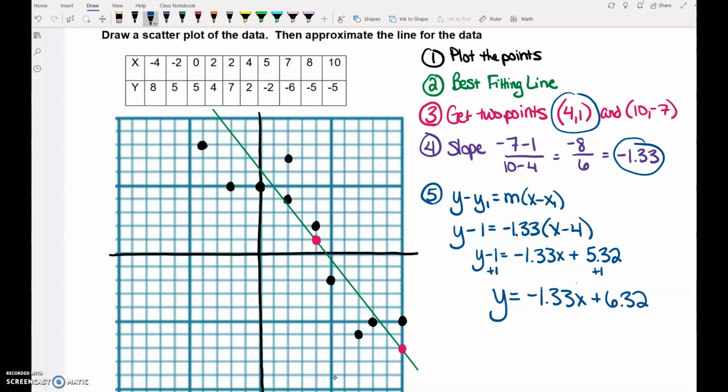Once you've plugged your information into point slope form, distribute your slope, get y by itself to get your equation in slope intercept form.